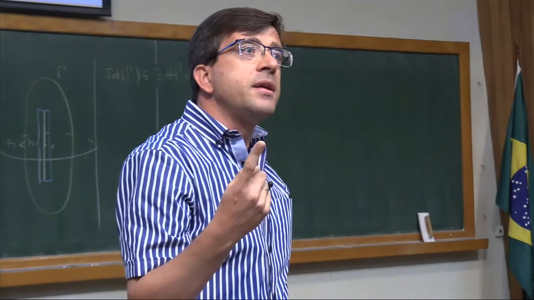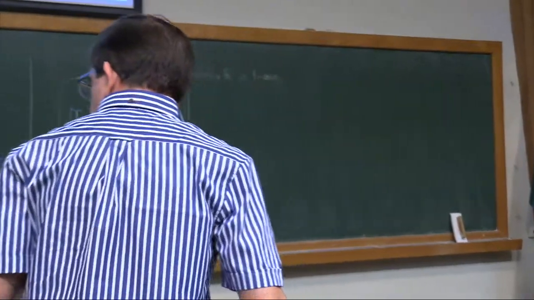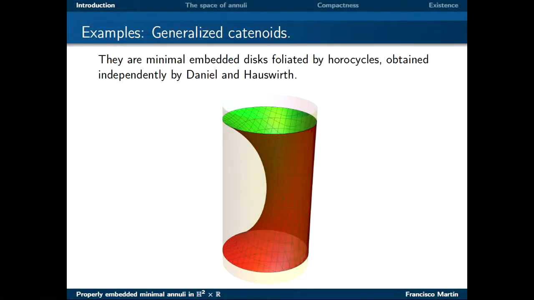And then you get a limit. The limit is what is called the generalized catenoid, discovered independently by Benoit Daniel and Laurent Hauswirth, and it has the property that it is foliated by horocycles in parallel planes.